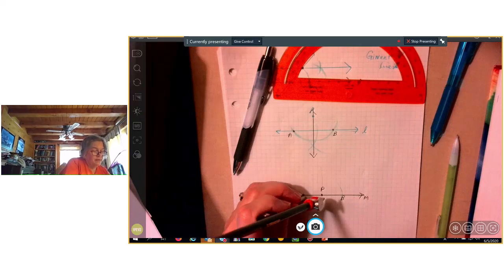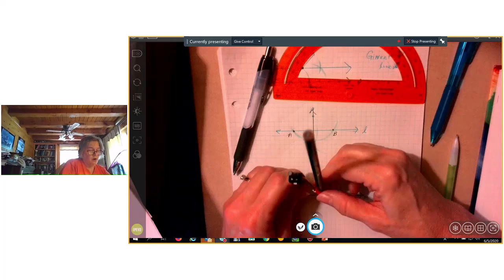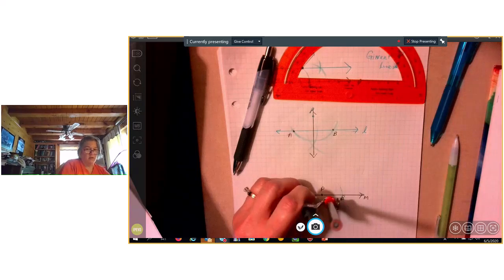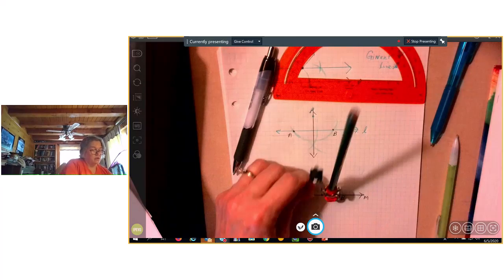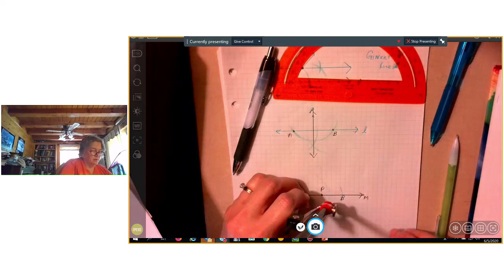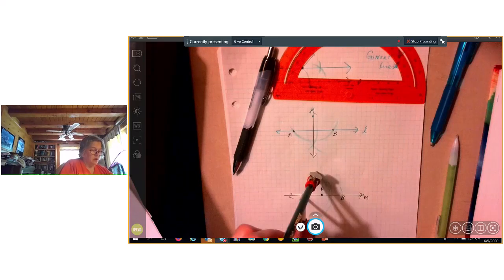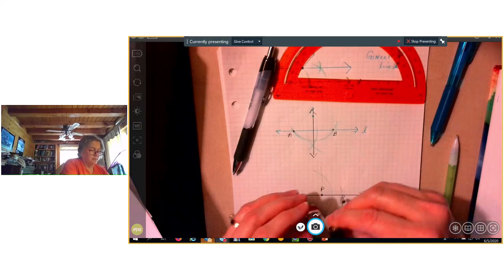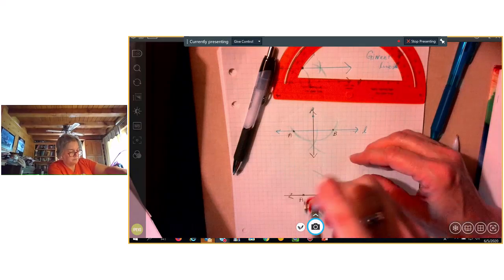The reason I did this is I want this to be the same distance. So now I'm going to come out and draw this arc. I'm going to stretch this out a little bit bigger than P, you can see. And I know this is not how you hold a compass, but you can see I'm drawing the arc pretty big. And then I'm going to come over to point B, and I'm going to draw the same size arc.